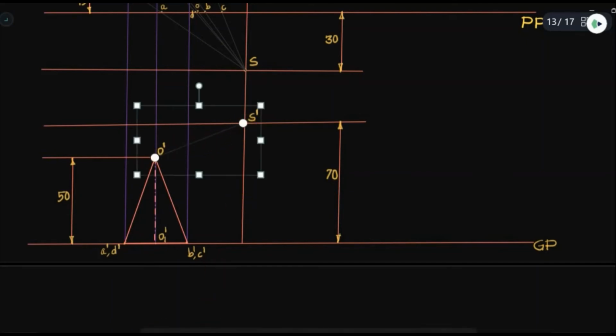See this one from O dash to S dash. So all the points in the front view should be connected to the front view of the station point S dash. Top view, all points are connected to the station point in the top view S, and similarly in the front view all points are connected to the station point in the front view.